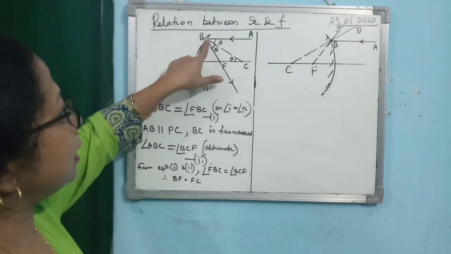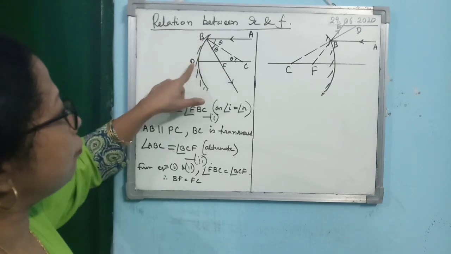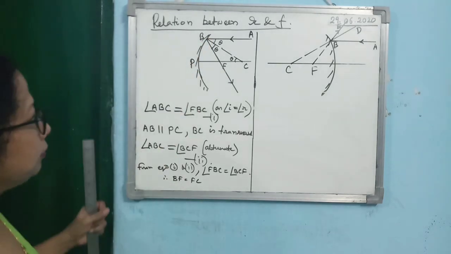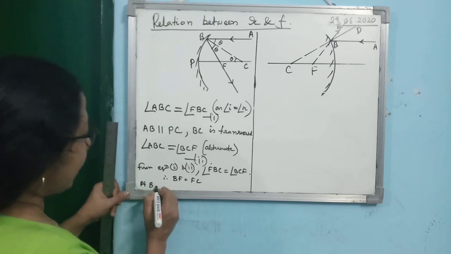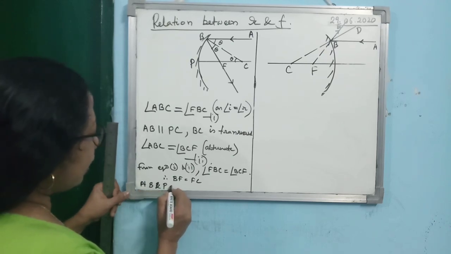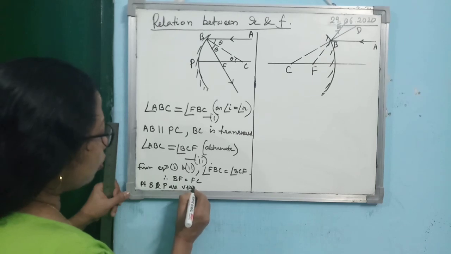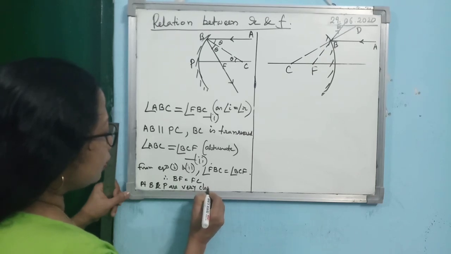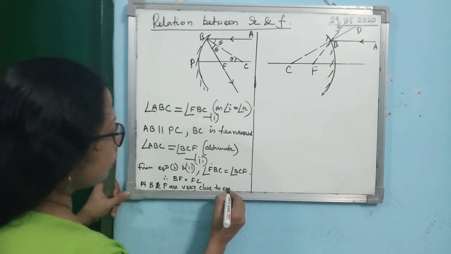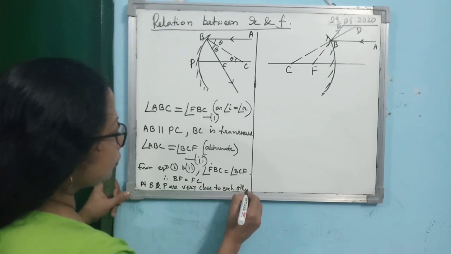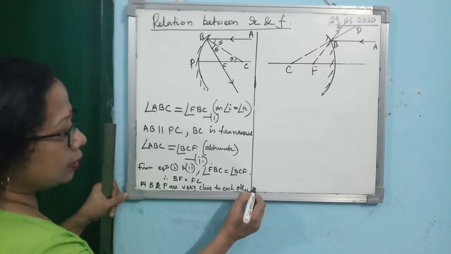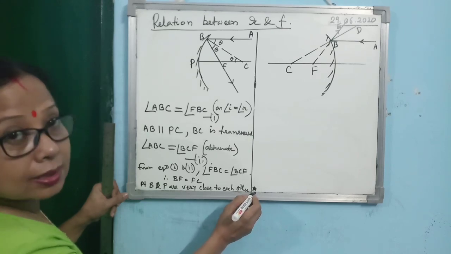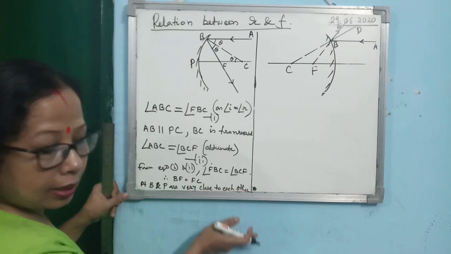So points B and P are very close to each other. Now the space is not there, so I am writing it here, but you do not write like this. You will have space, so you do it there.